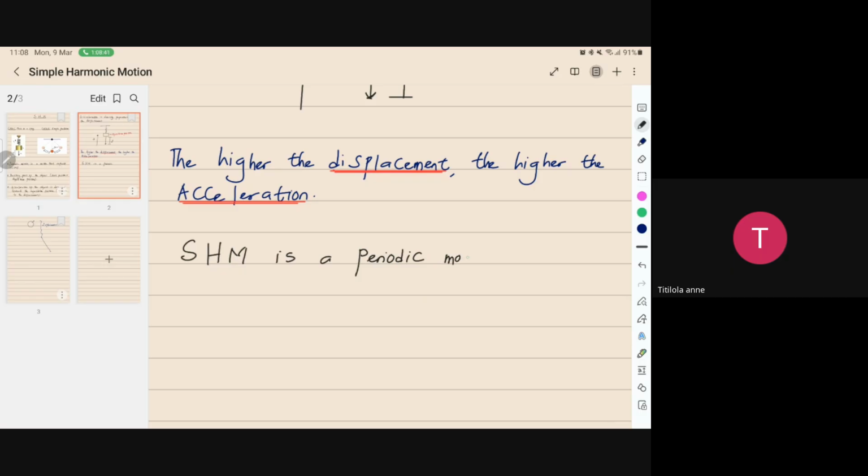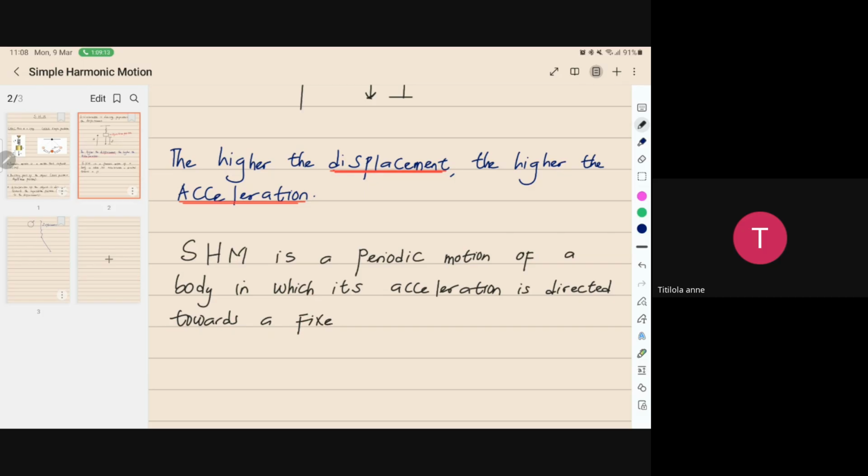It is a periodic motion of a body in which its acceleration is directed towards a fixed point.